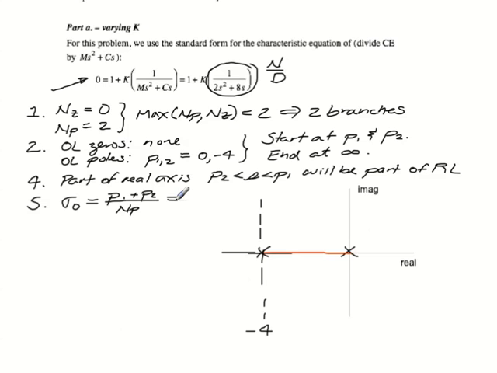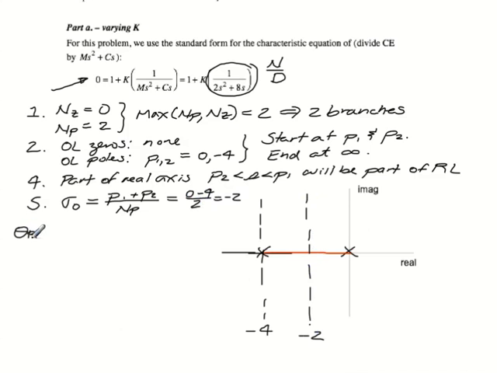So what we have here is 0 minus 4 divided by 2. So that's going to come away at minus 2. So I'll draw in that line because that's going to represent our asymptotes as k goes to infinity.